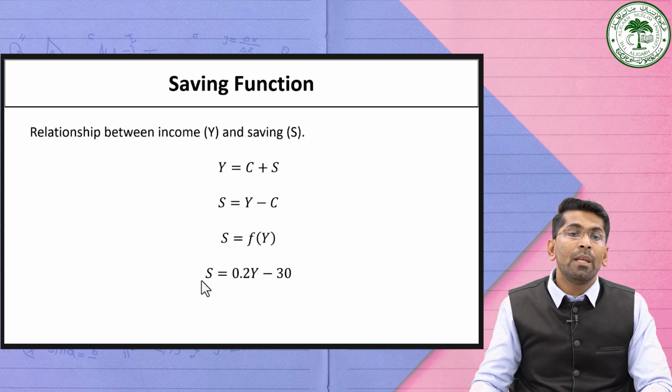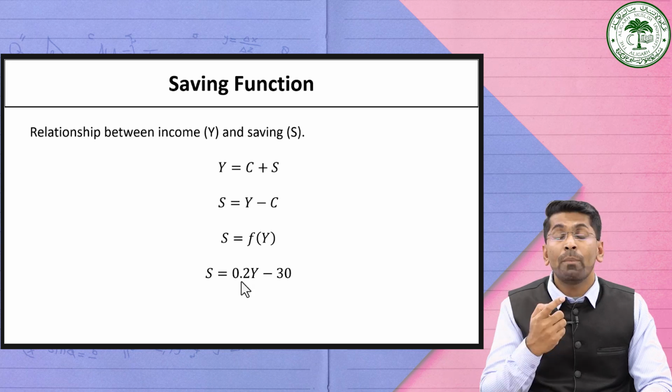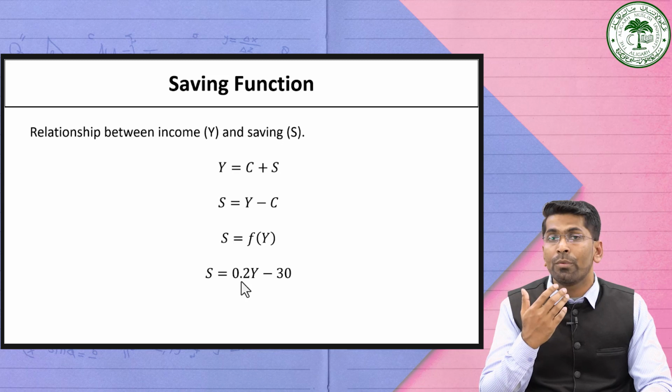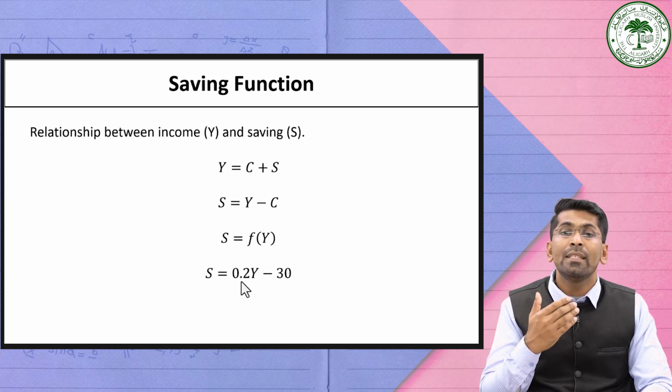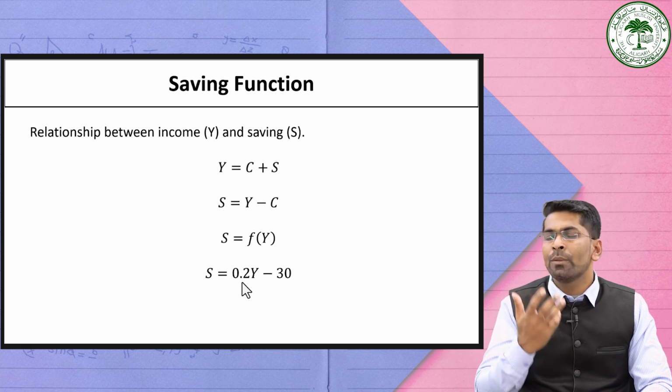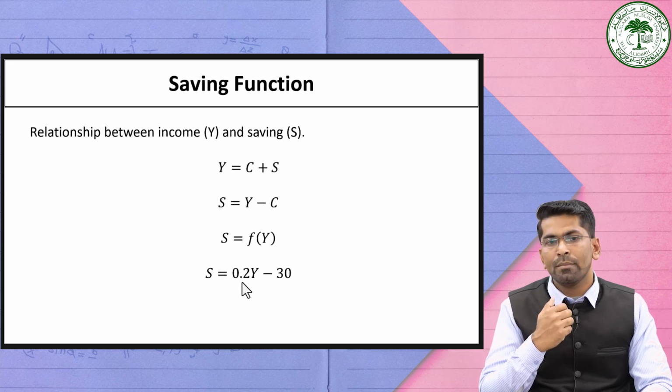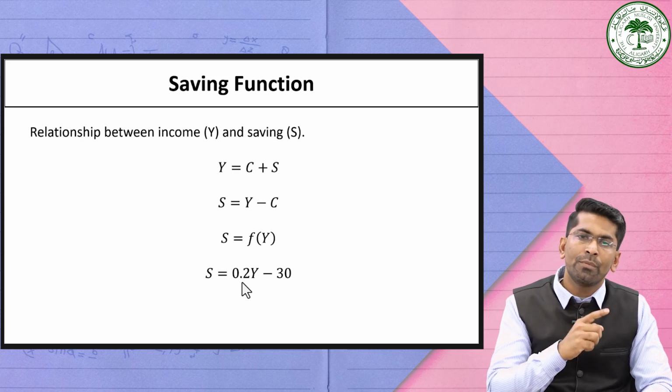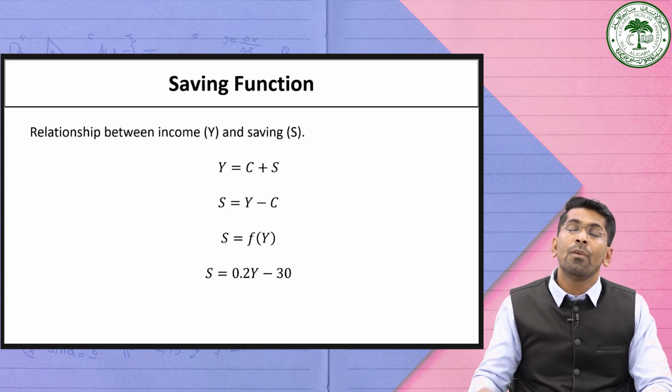And this 0.2 is the marginal propensity to save, that is, how much proportion of your increased income is used for saving. So here it is showing that the proportion is equal to 0.2. So it is 0.2Y, which means that the individual chooses to save 20% of every additional increase in the disposable income.